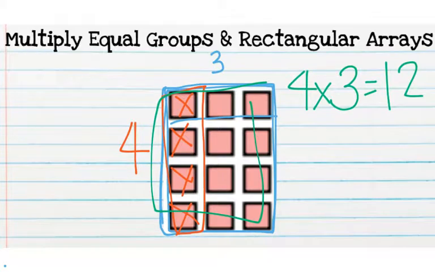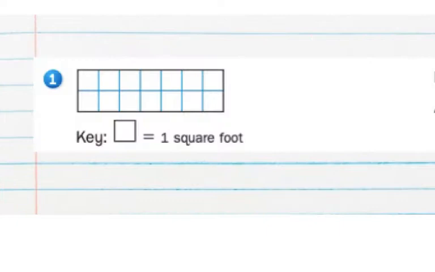So all of your work with multiplying is really going to pay off, and all of our work with rectangular arrays are going to come back again as we're looking for the area of a rectangle. So let's try it here with this math problem. Here's our rectangle, and first we need to figure out what this side, the width, equals.